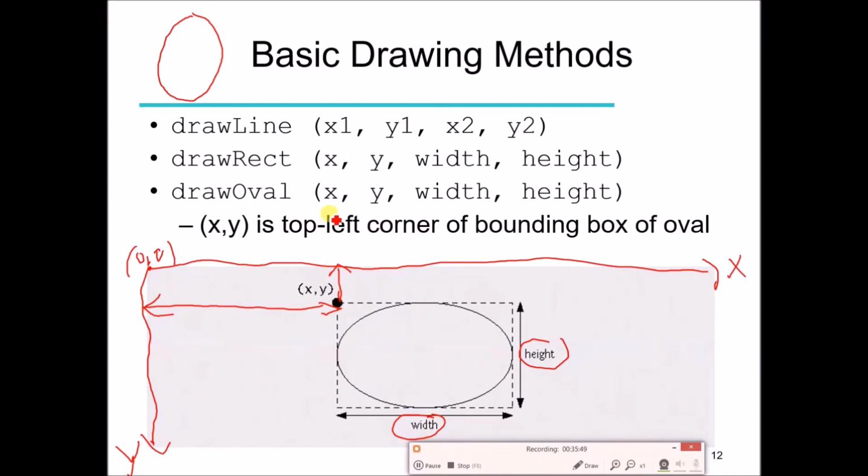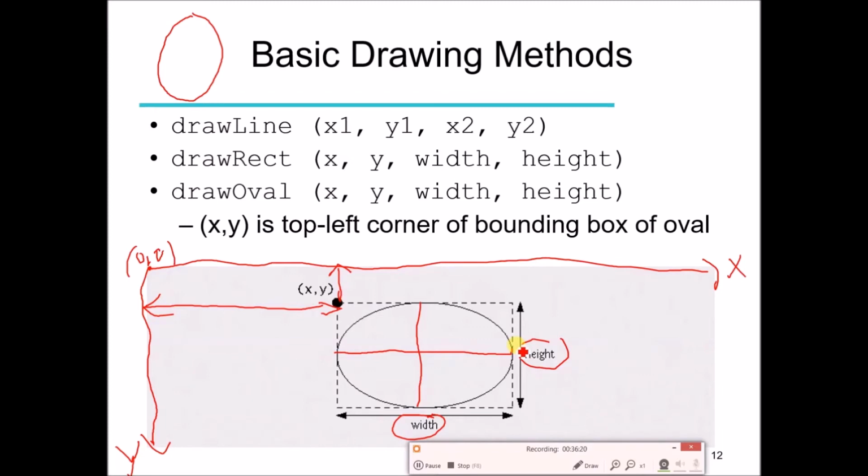So we have to specify similar parameters: the top left corner of the bounding box of the rectangle, the width of the oval and the height of the oval. We have the height of the oval along the vertical axis, and the width of the oval along the horizontal axis, like the rectangle. Java internally is going to use the equation of the ellipse, because the equation of the ellipse is different than drawing the rectangle.